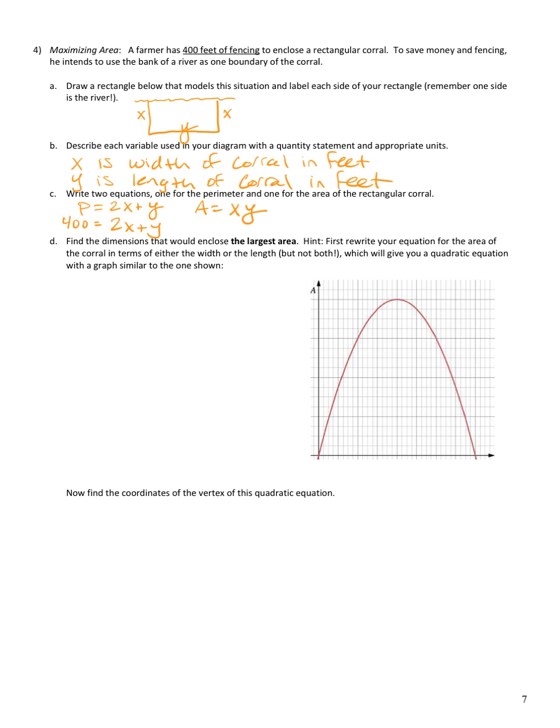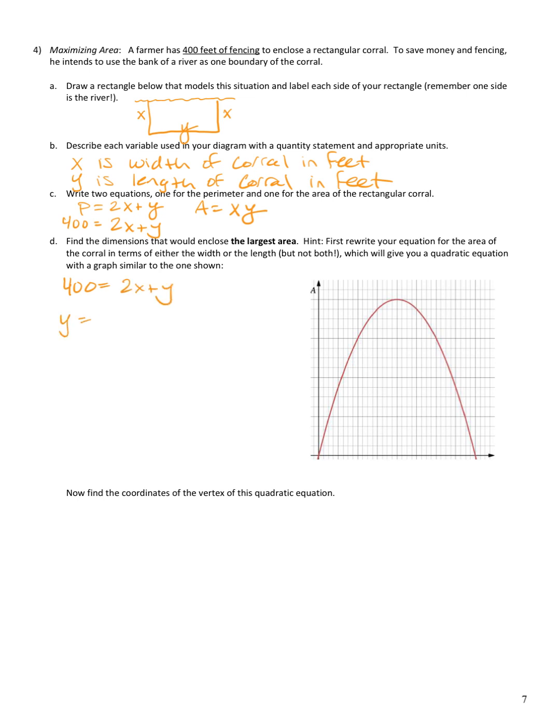All right, I want to find the dimensions that would enclose the largest area. So first, rewrite your equation for area of the corral in terms of the width or the length, but not both. So I only want one variable. So I'm going to use my perimeter equation to solve for, say, y. So I have 400 equals 2x plus y.